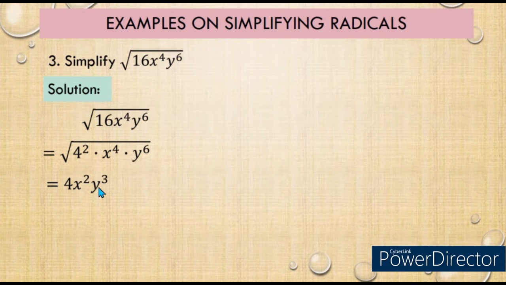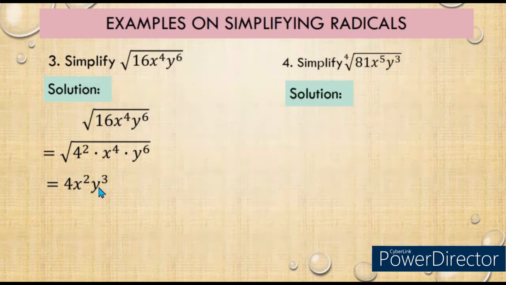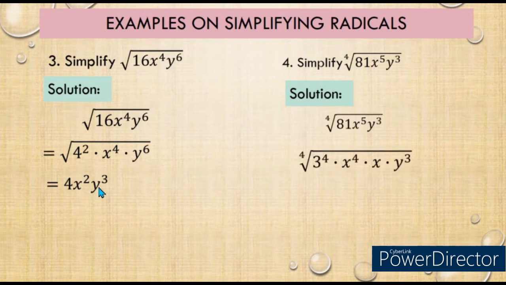Okay, so now let's proceed to example number 4. We have to simplify the fourth root of 81x raised to 5, y raised to 3. So we need to factor 81. The factor of 81 is 3 raised to 4.